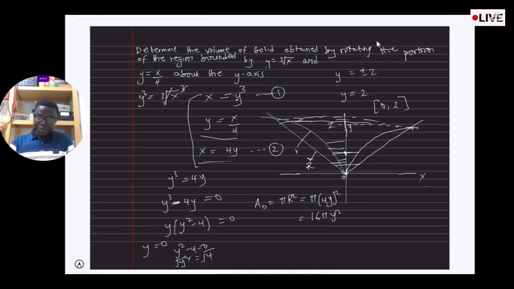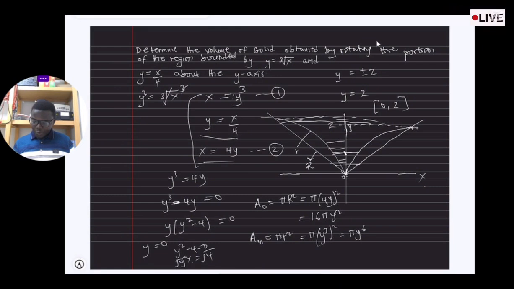Next, we have to find the area of the inner function, A_in, which is pi small r squared. The function is x to the power 3, so since it's y to the power 3, we put y to the power 3 all squared, and that gives us pi y to the power 6.